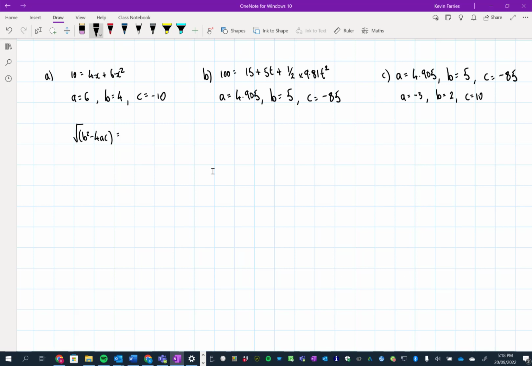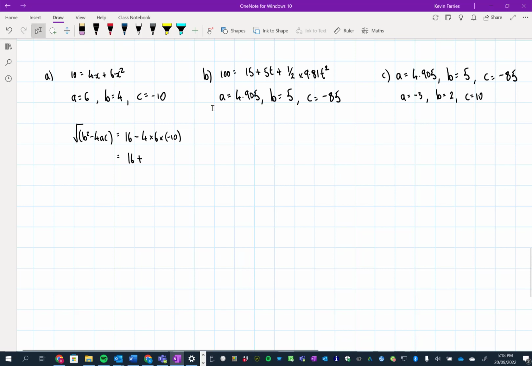In this case, that is equal to b squared, which is 16, 4 squared, minus 4 times a, which is 6, times negative 10, which is c. So just look at how many negatives you've got. I've got one negative, another negative. If you've got an even number of negatives, it's going to be positive.